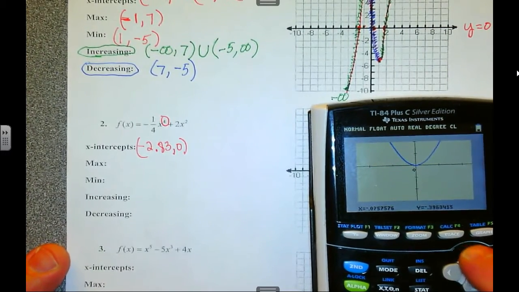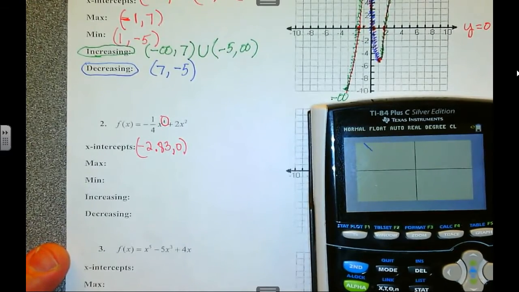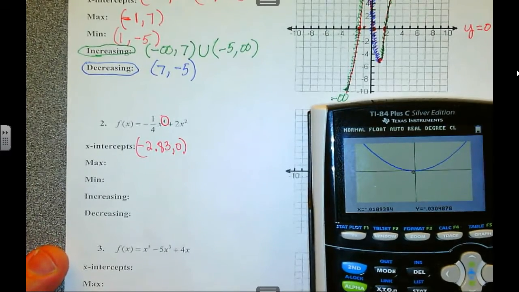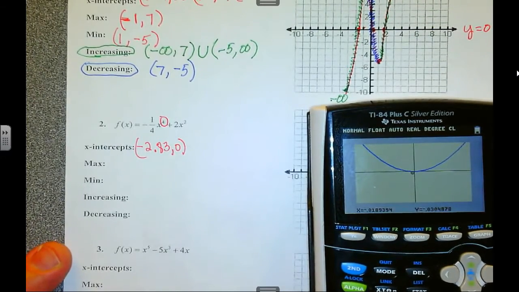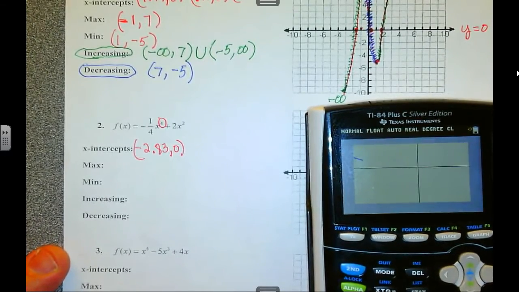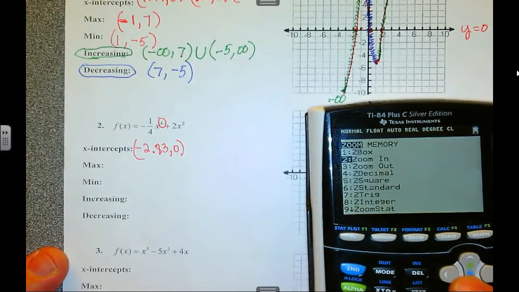I'm going to zoom in again, just to make sure that we don't have 2 points there. Oh, I might have 2 points there, right? I'm not sure. I'm going to zoom in again. Boy, that's awful close. I'm going to go back to Zoom Standard.